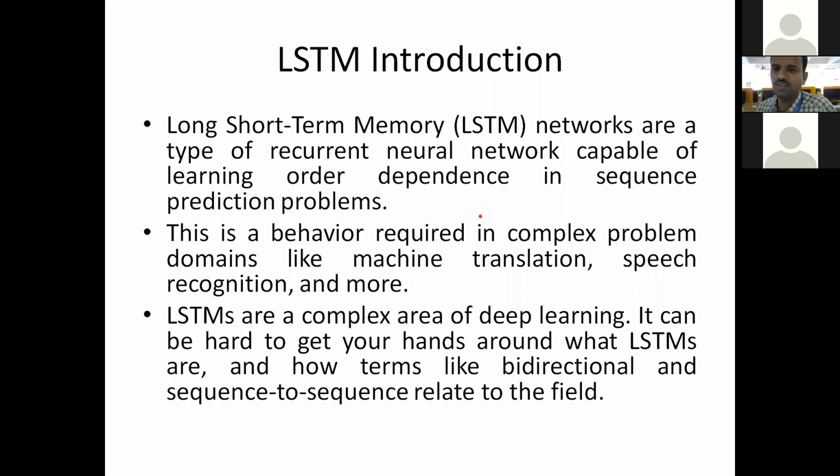This behavior is required in complex problem domains like machine translation and speech recognition, as I told you earlier. LSTMs are complex, and that's why they are gaining a lot of importance. Even bidirectional LSTM is used nowadays. I will show you what bidirectional LSTM is also.